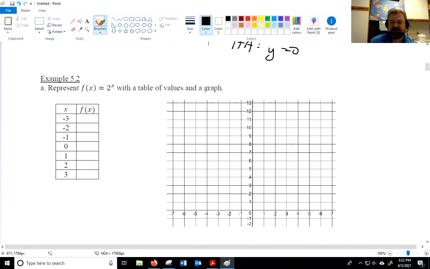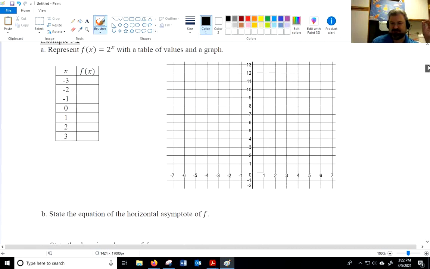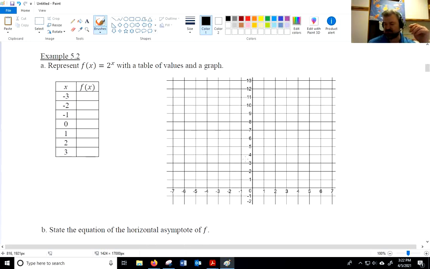All right, let's take a look at some functions now in the families we'll be studying. We'll be looking at exponentials and their inverses, which are logarithms. We're going to represent f of x equals 2 to the x with a table of values and a graph. So 2 to the -3, recall that a negative exponent means 1 over 2 to the third, which is 1/8.